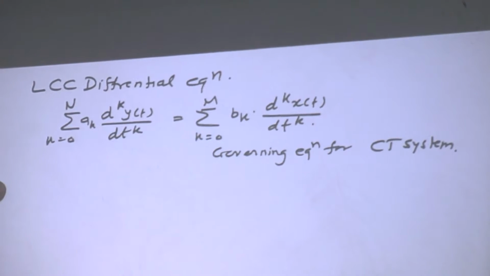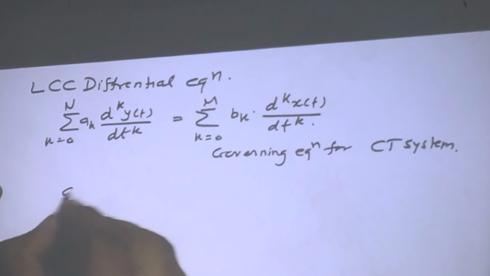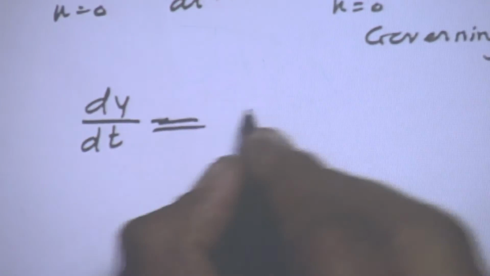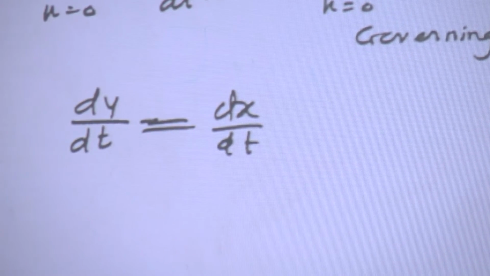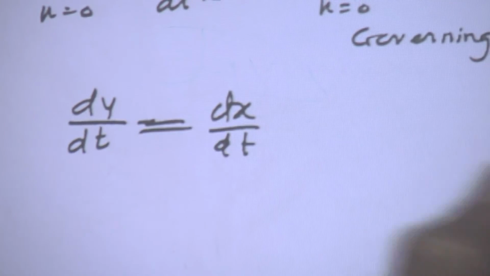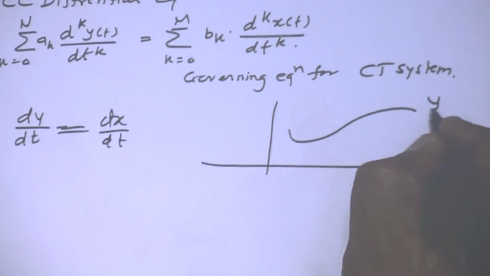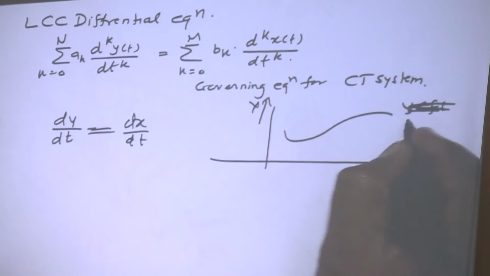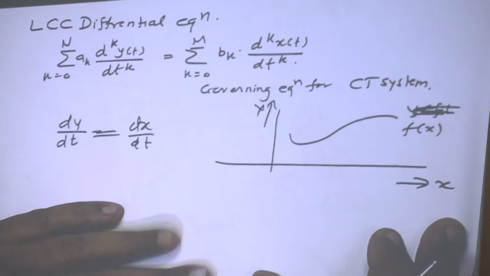If I want to convert this differential equation into an equation for a discrete time system, what is being done? Try to understand how do you write dy by dt, or for that matter dx by dt. How is this defined? For example, if you have some y as a function of x, y on this side, x on this side, how do you define dy by dx?